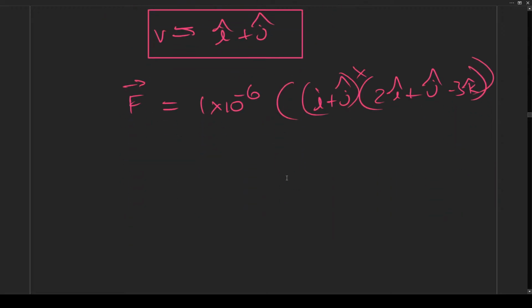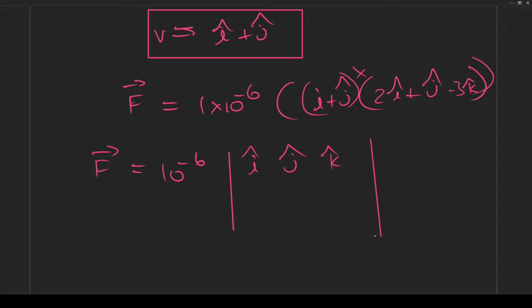We can do it in the determinant way, where force is equal to 10 power minus 6 times the determinant with rows i cap, j cap, k cap; 1, 1, 0; and 2, 1, minus 3.